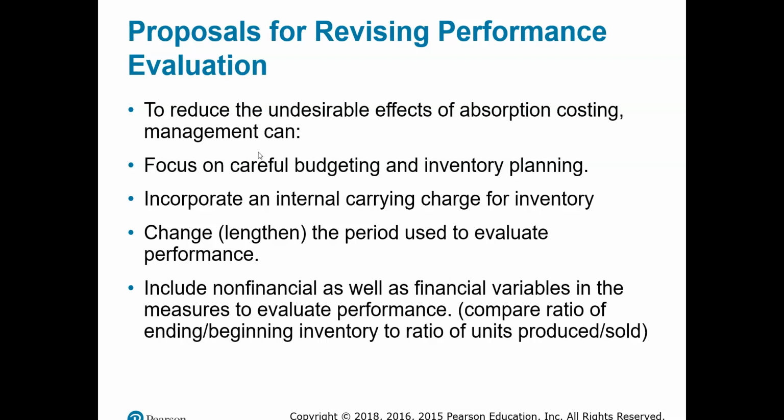We can put restrictions on how much we can produce, put systems in place so that we can't overproduce by an excessive amount. We can adjust that absorption operating income so that it can be reduced or have an internal charge for carrying inventory. In other words, make and implement a penalty for having excessive inventory, which would then reduce the incentive to have that excessive buildup.